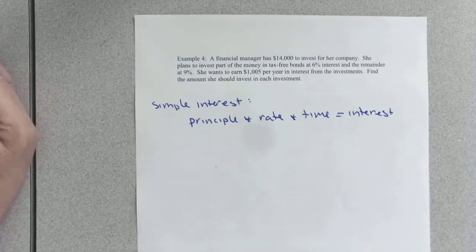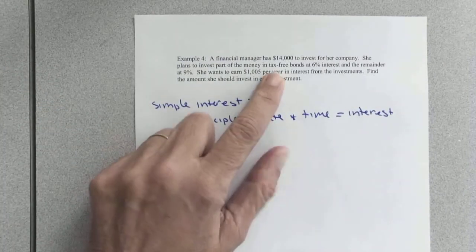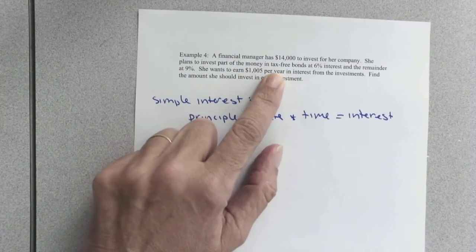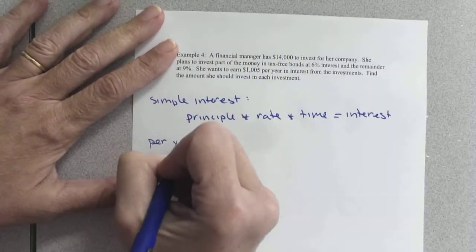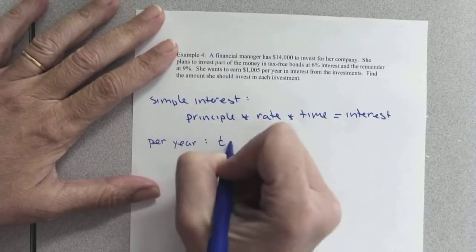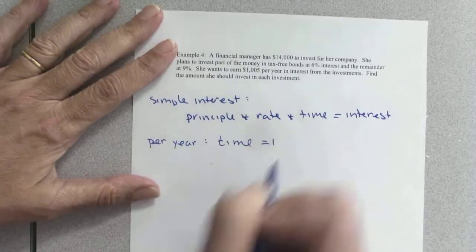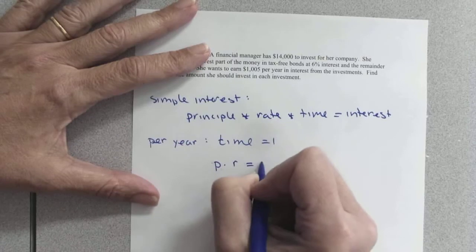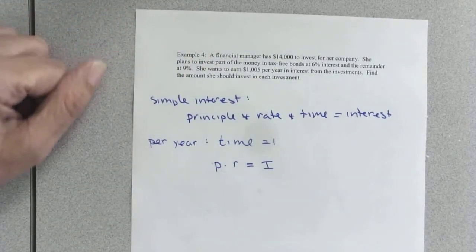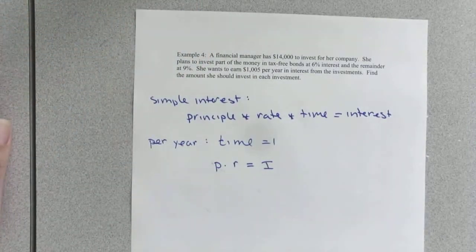Time is always, for our problems, going to be per year, so time equals 1. So the formula comes out to be P times R equals I: principal times rate equals interest, as long as our time is 1.